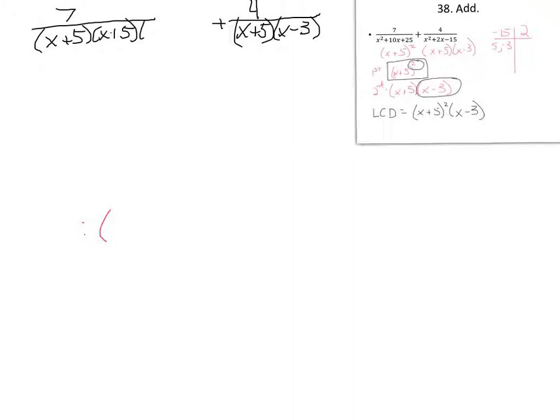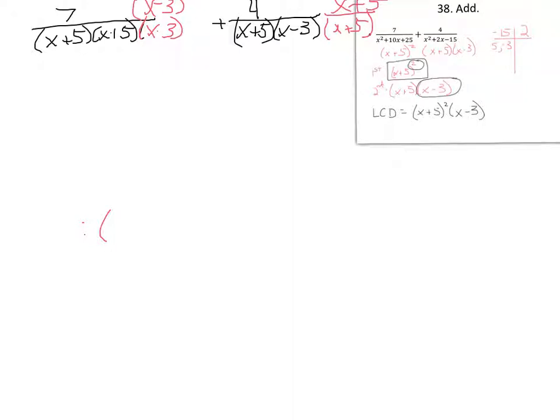In our first case, we want our least common denominator to be x plus 5 times x plus 5 times x minus 3, so we need x minus 3. So we multiply the first one by x minus 3 over x minus 3. And in the second case, we multiply by x plus 5 over x plus 5.